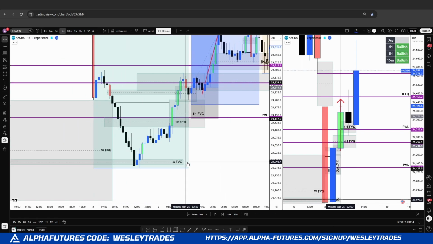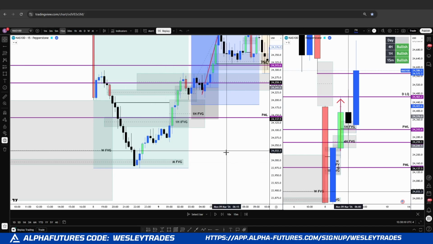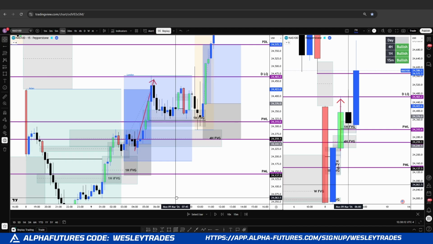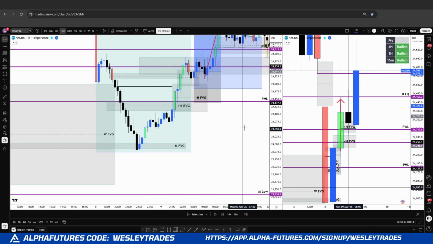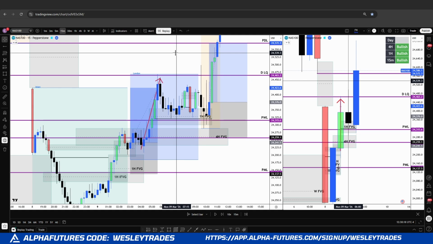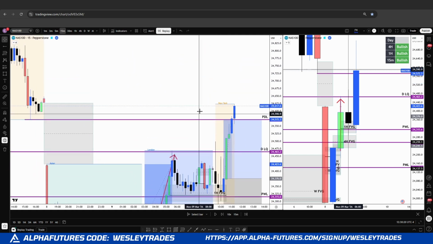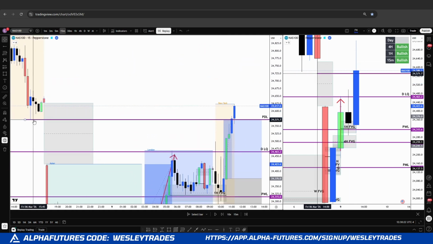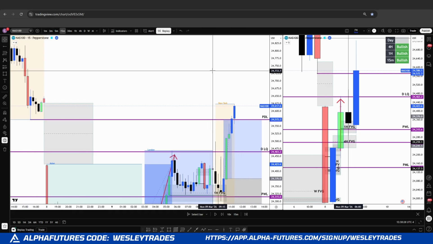We tapped a monthly fair value gap, and only after we tapped this monthly fair value gap, boom, price started reacting this harshly. Insane, right? So that's why higher time frame confluences, most of the time, they do win. Once you have them correct, it will open up your eyes.